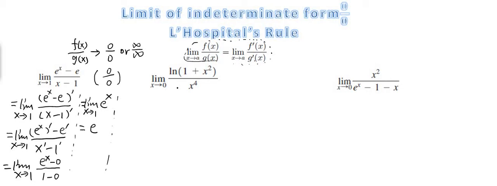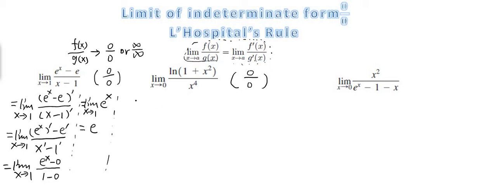First of all, we check whether the condition satisfies L'Hopital's rule. When we plug in x equals 0, ln 1 is 0 in the numerator, and 0 in the denominator. So 0 over 0, and of course we can apply L'Hopital's rule.